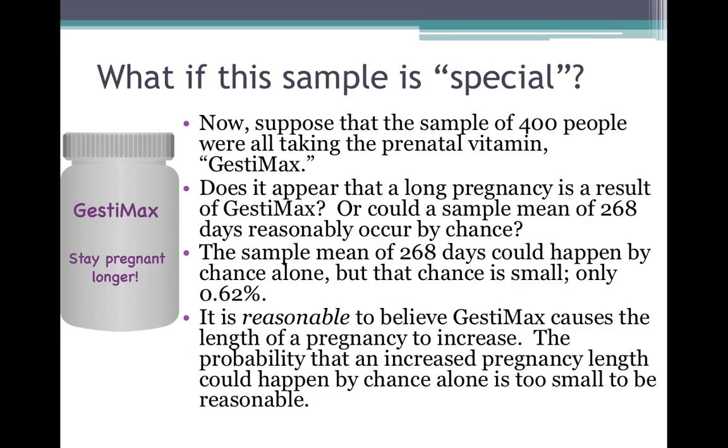Okay, so that should seem pretty logical to you. It's such a small chance of getting 400 women together that have a pregnancy mean length of 268 or more. Because it's such a small probability, we're going to attribute the increased pregnancy length to the vitamin, because the likelihood of it happening at random is very, very small, too small to be reasonable.